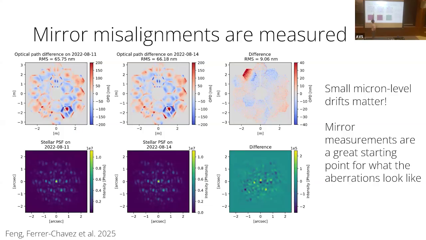But if you subtract these two and look at the residual wavefront error between these two telescope alignment images, you can see that there actually are small, subtle differences. And when you subtract off these two calculations for how the glare of the star should look, there again are small, subtle differences. And those small, subtle differences are right now what's setting the floor on the sensitivity for how well we can image exoplanets.